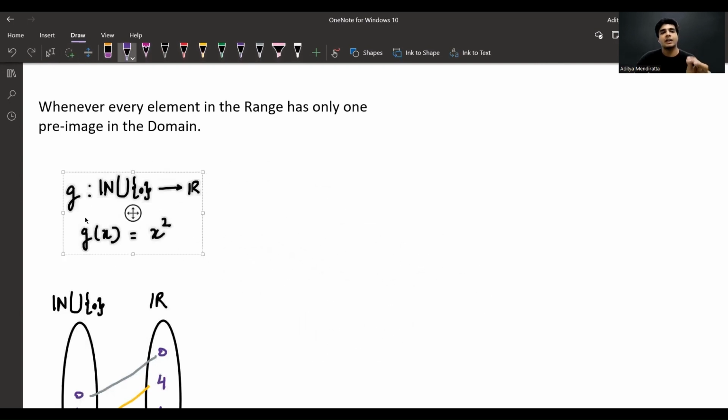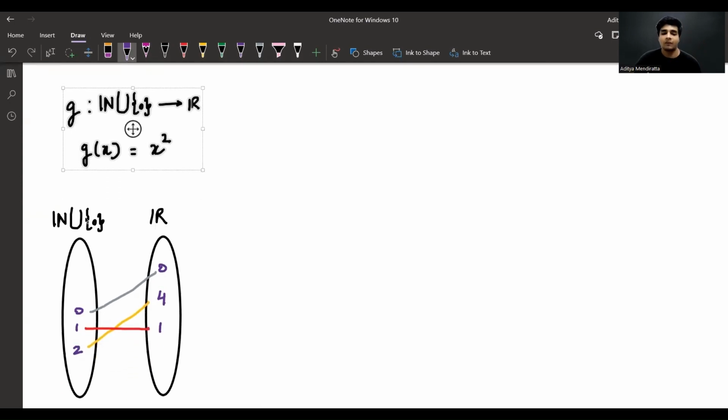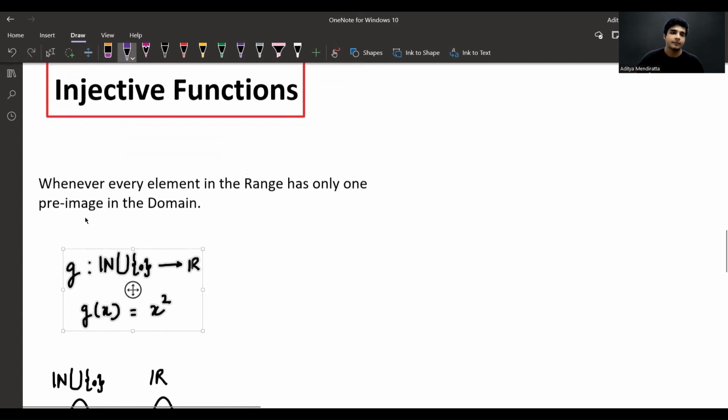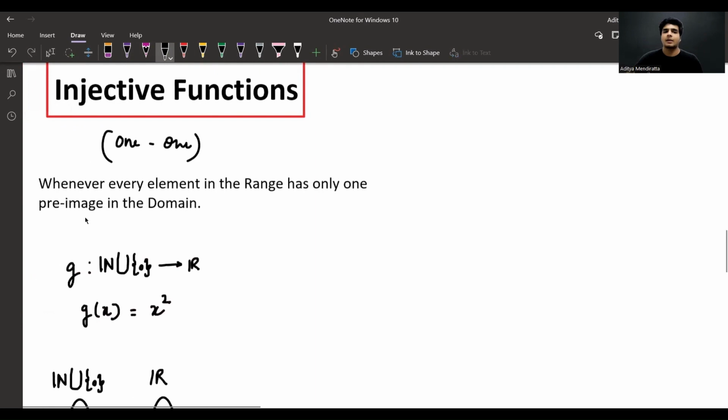Since it has only one unique pre-image in the domain, that's why these are known as 1-1 functions, because only one element from the domain is related to one element in the range. That's why we call them 1-1 functions.